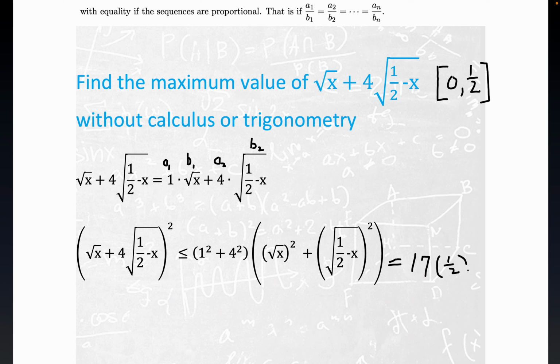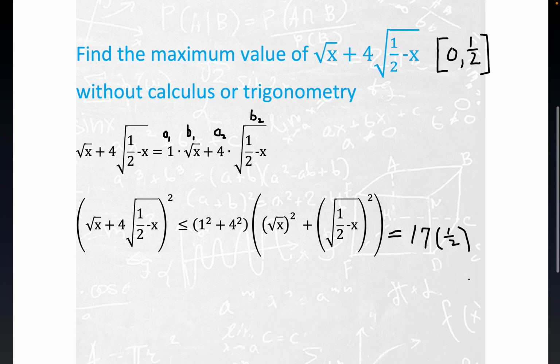Okay, like that. But notice that the left-hand side is squared. And so if we remove the square roots, we get what we're seeking here. We get the square root of x. This is just the original problem.